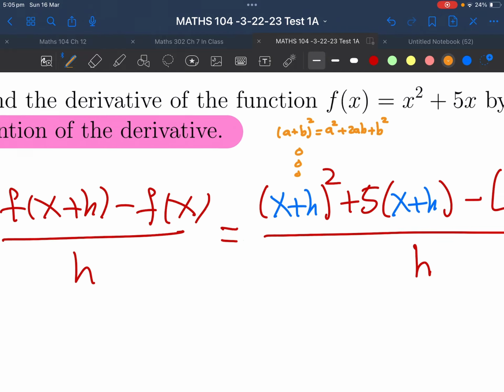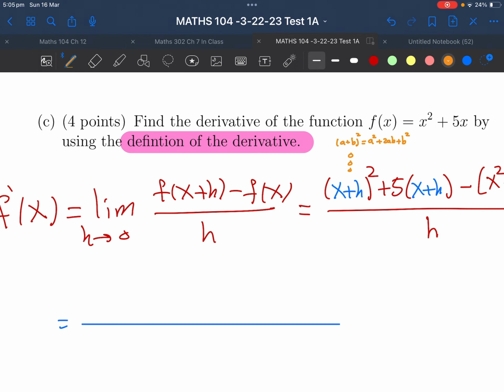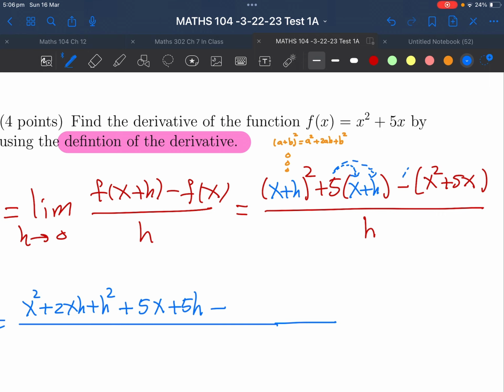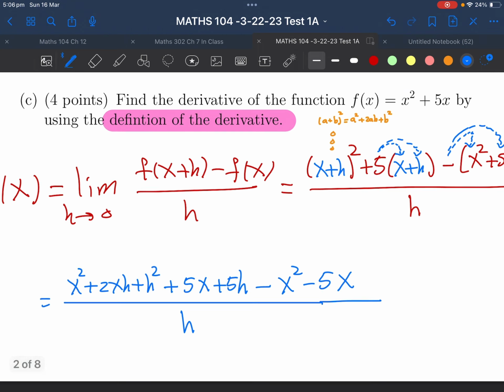So if we apply it for a equal to x, b equal to h, what we will get is x squared plus 2xh plus h squared plus, now the 5 will be distributed for both of them, so we get 5x plus 5h minus, we do the same, we take the minus inside the brackets, so we get minus x squared minus 5x, divided by h.